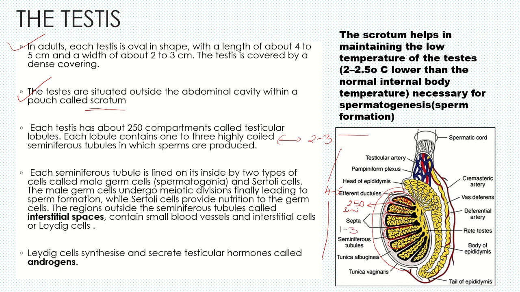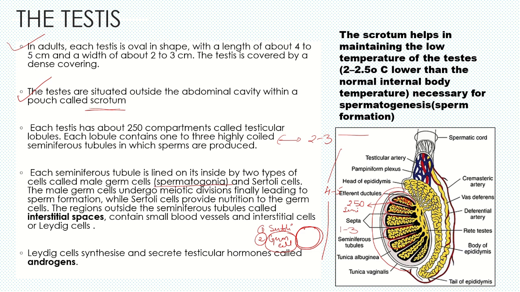We will be studying sperm formation in detail in a topic called spermatogenesis in a later slide. Now, if you take a section of a seminiferous tubule, these are tubules, right? So we take a section. These are lined by two types of cells. One is Sertoli cells, and the second one is germ cells, male germ cells. These germ cells are also called spermatogonia.